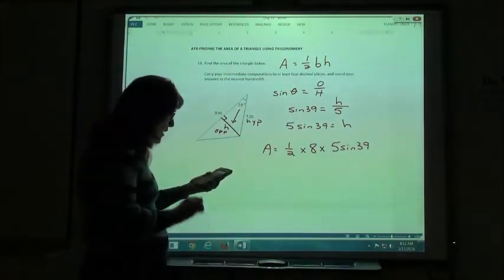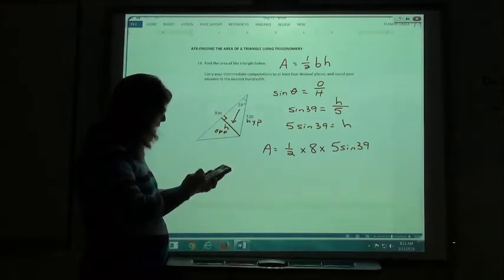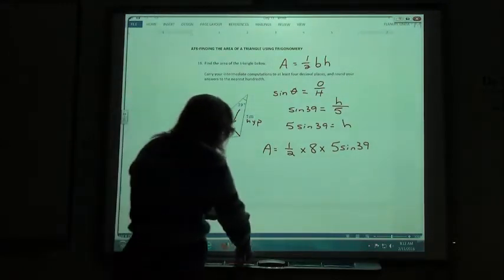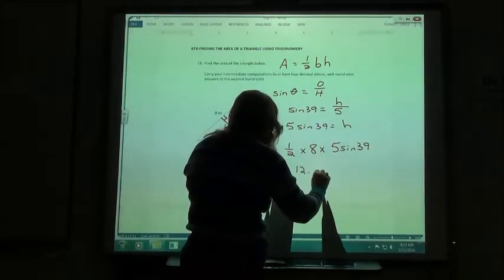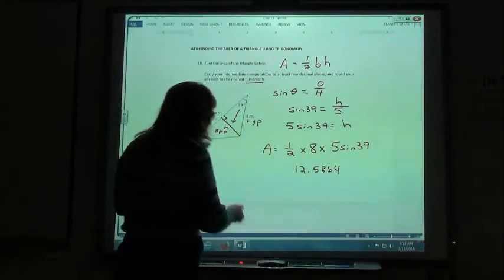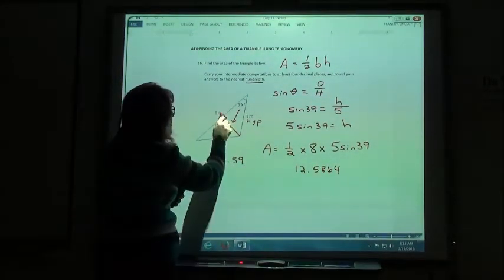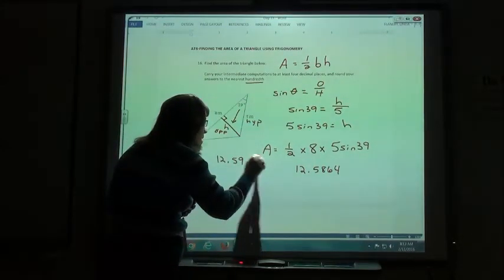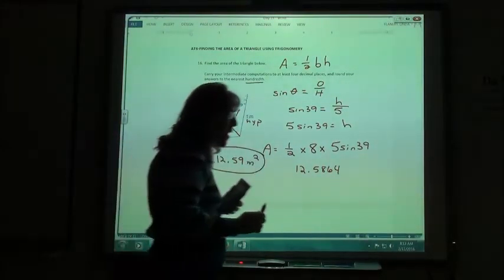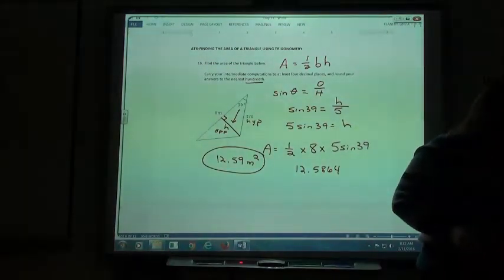So 1/2, or 0.5, times 8 times 5 sine of 39 gives me 12.5864. We want to round to the nearest hundredth, so 12.59. I'm in meters. Since I'm doing area, I would then have meters squared, so 12.59 meters squared is going to be your answer.